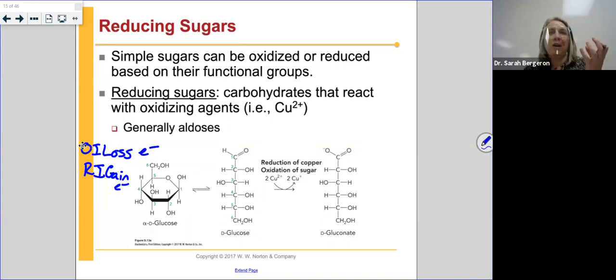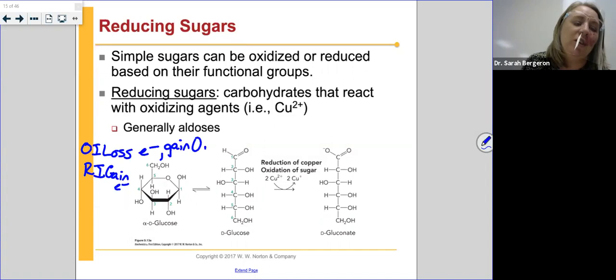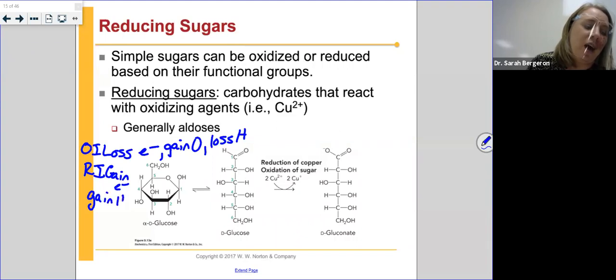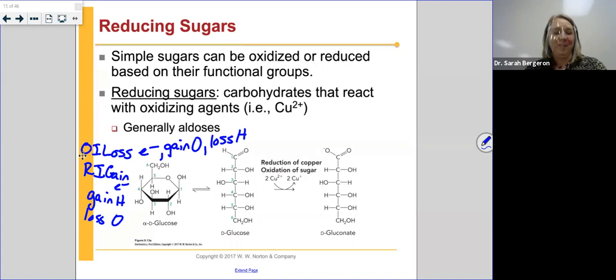But what else is it when we talk about organic? Oxidation is also gain of oxygen, loss of hydrogen. Reduction is gain of the opposite, hydrogen, and then loss of oxygen. Y'all remember that? Yes? Okay.